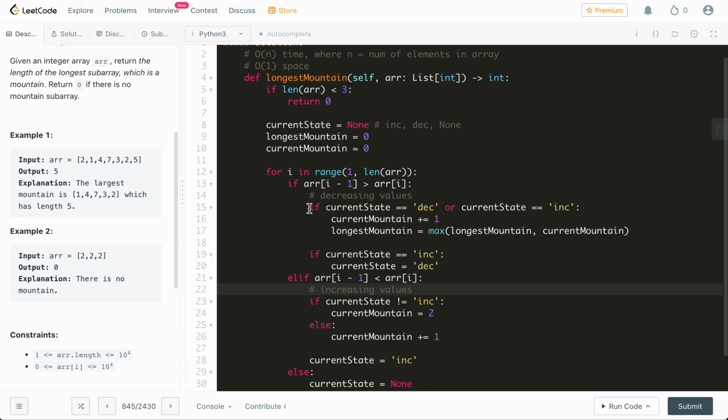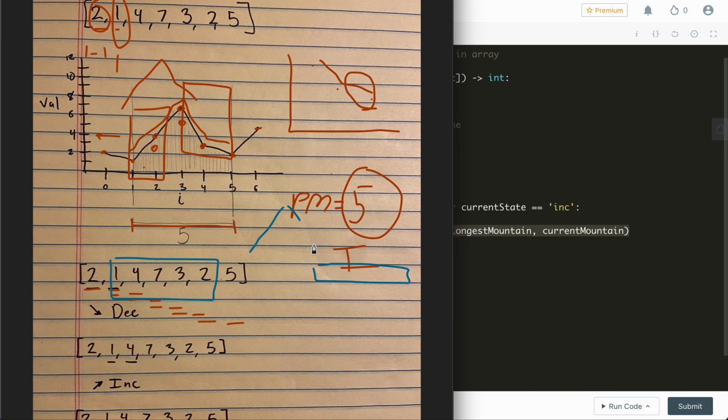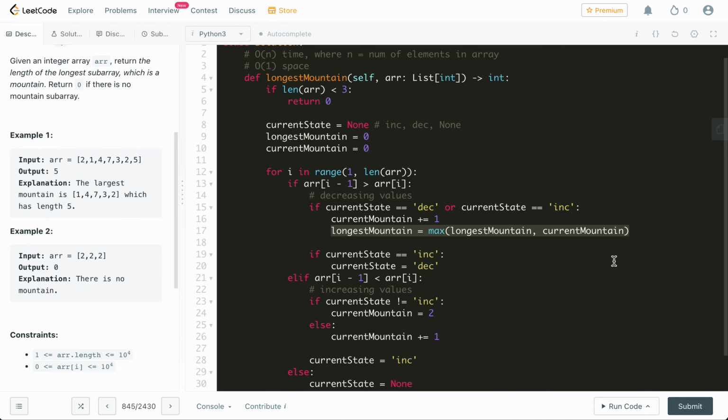And so we said if the current state is decreasing or the current state is increasing, if we're coming from an increase, which is what this would be, then we want to add 1 to the current mountain and update our longest mountain, because we've now entered into the decreasing state of our mountain, and we want to set the current state to decreasing if it was previously increasing.